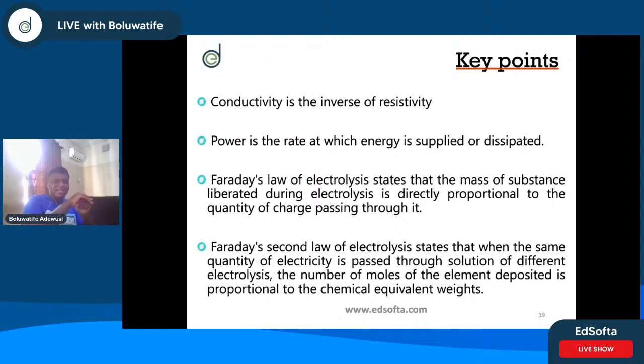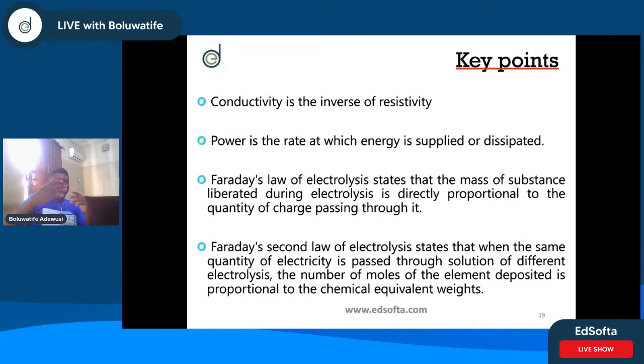So the first law states that the mass of a substance liberated during electrolysis. And wait, before I even dive into this, first of all, I think you should know what electrolysis is. Electrolysis simply is using electricity to, as a physicist, simply put, conversion of electrical energy to chemical energy.